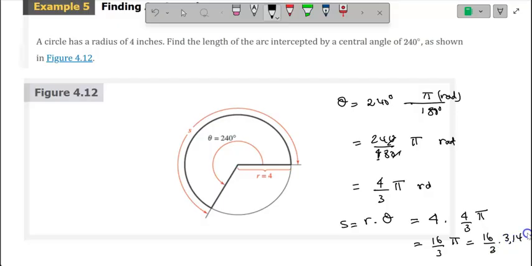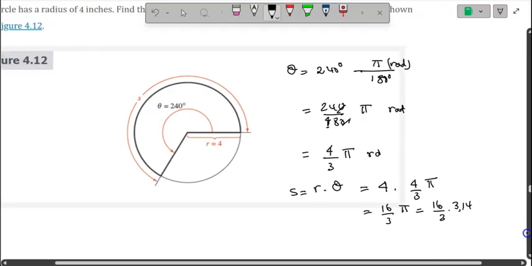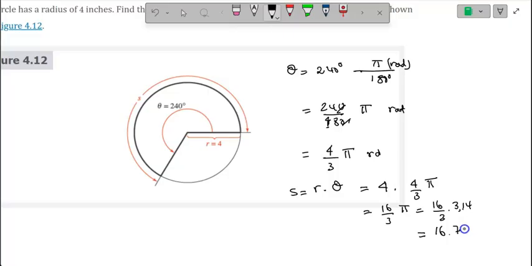I'm assuming this is a calculator question, so you just have to use the calculator. Actually, I used the calculator and it was 16.7466, and you can round it to 16.75, right?